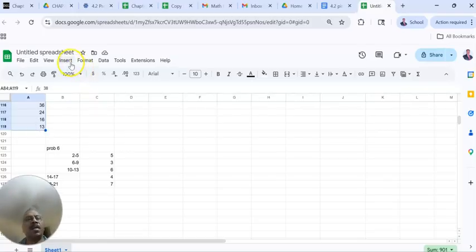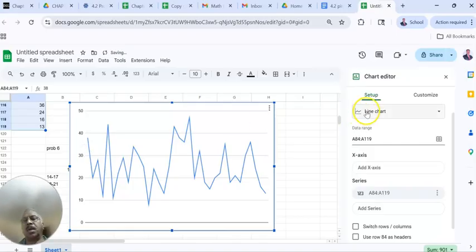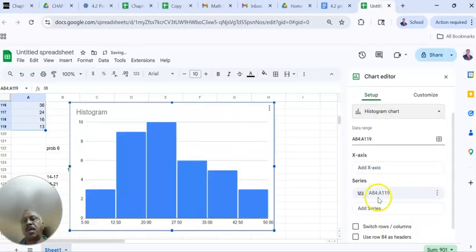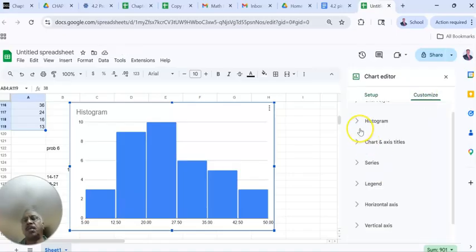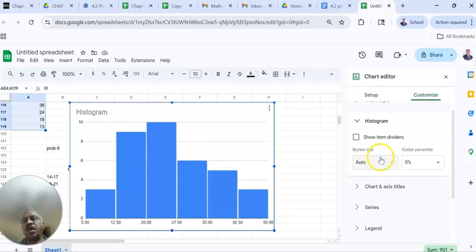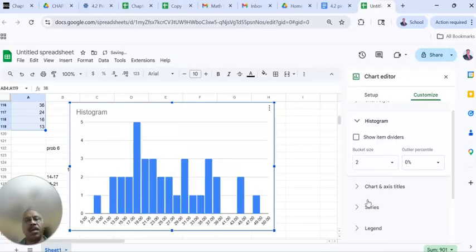with the histogram, but this time I want to customize it to a width of 2, because for 20 and 25 it will be the same thing. I press enter and you can see how the graph looks.